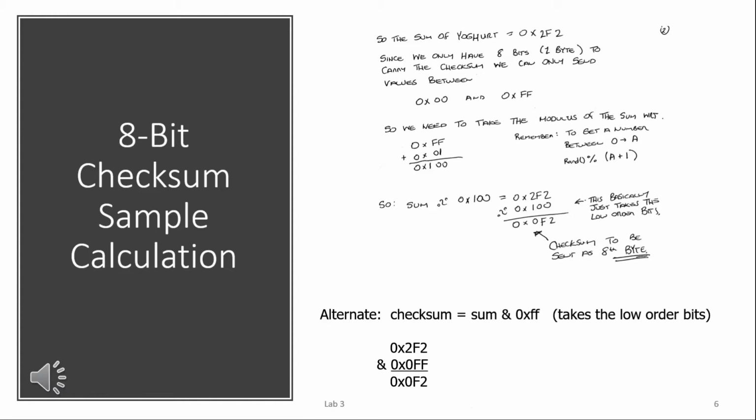So we are ANDing with only those low order bits, so this just takes the low order bits. 2 and F is just going to give you 2, because 1 and 1 is 1, 1 and 0 is 0. So using the AND operation is another way to take the low order bits.